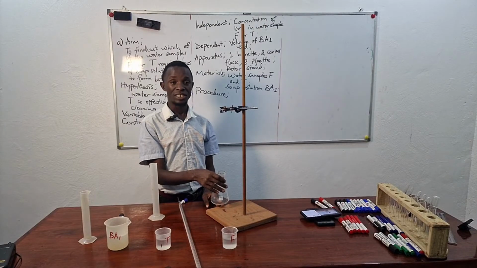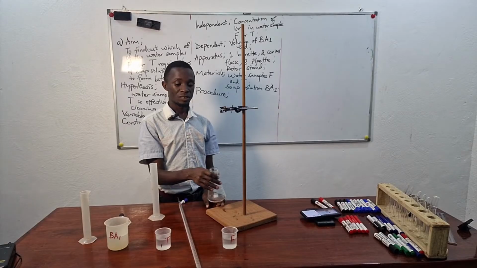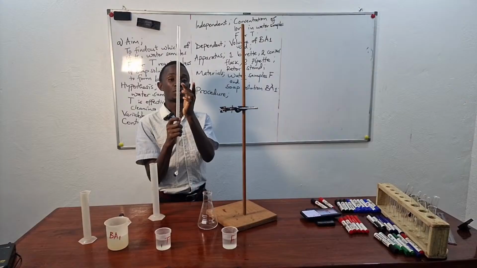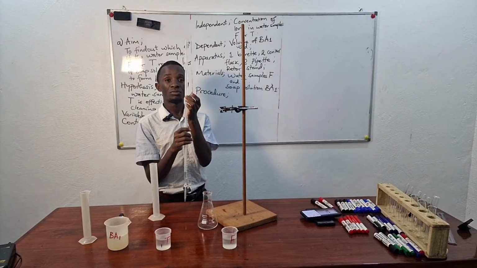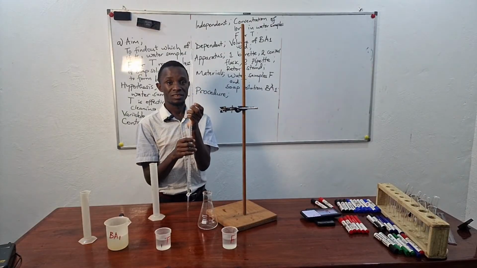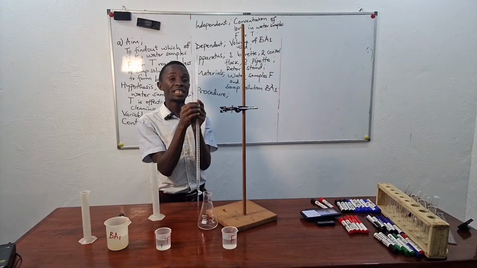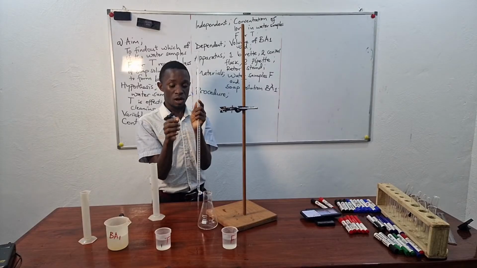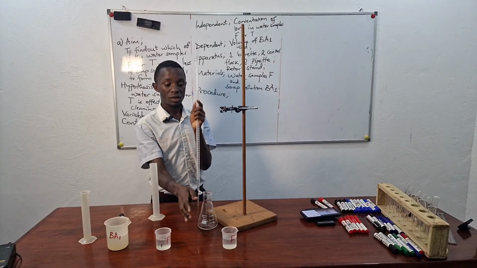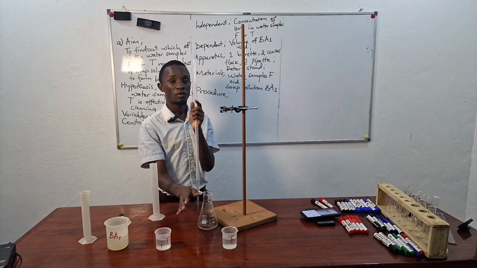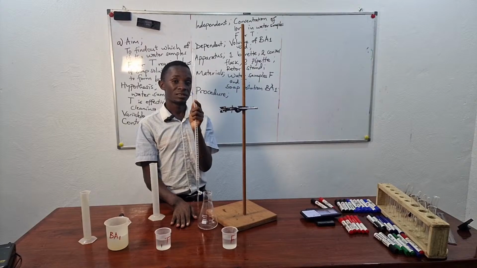We shall read off the new burette reading and record it as our final burette reading. After that, we shall obtain the volume of the soap solution used by subtracting the initial burette reading from the final burette reading.